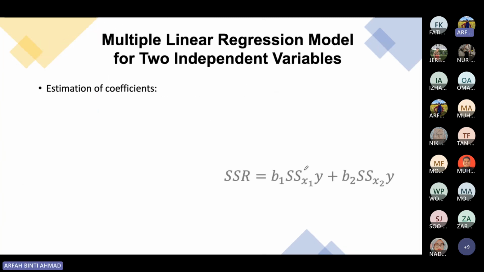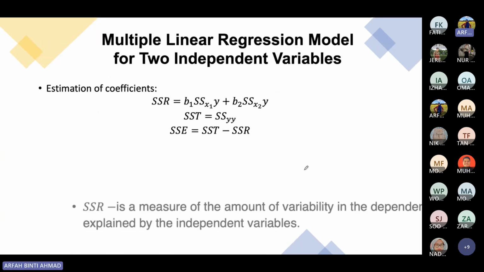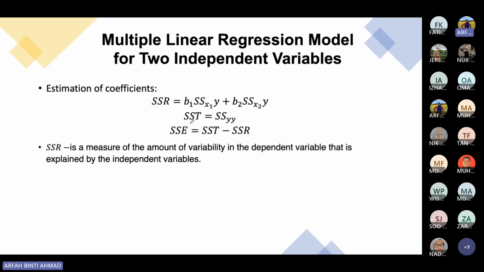So from here, we have sum squared of error, sum squared of total, and also sum squared of the regression line. So SSR, this is the formula, B1 multiplied with sum squared x1y plus B2 sum squared of x2y. Sum squared of regression is a measure of the amount of variability in the dependent variable that is explained by the independent variable.